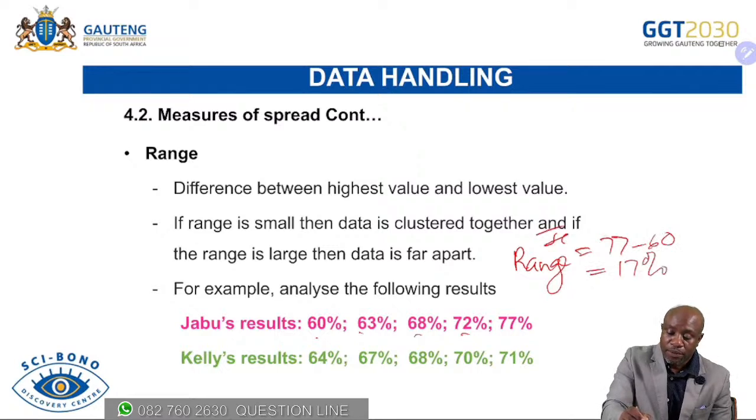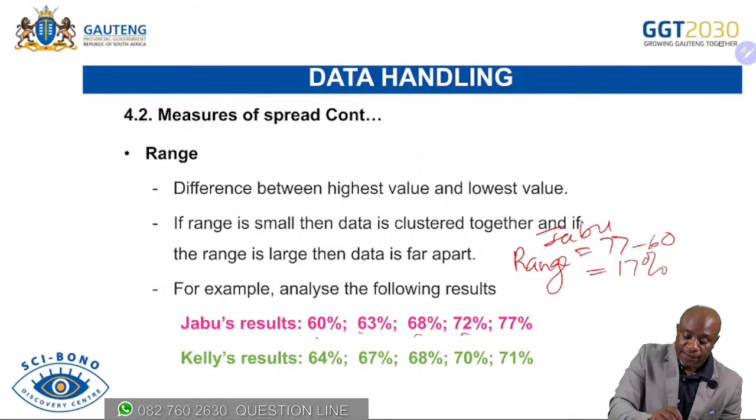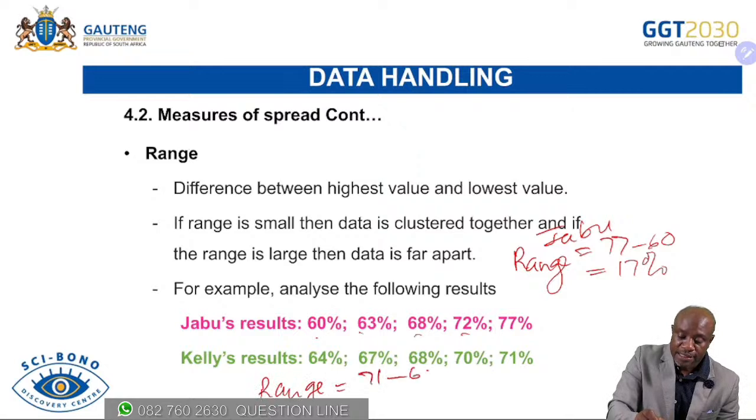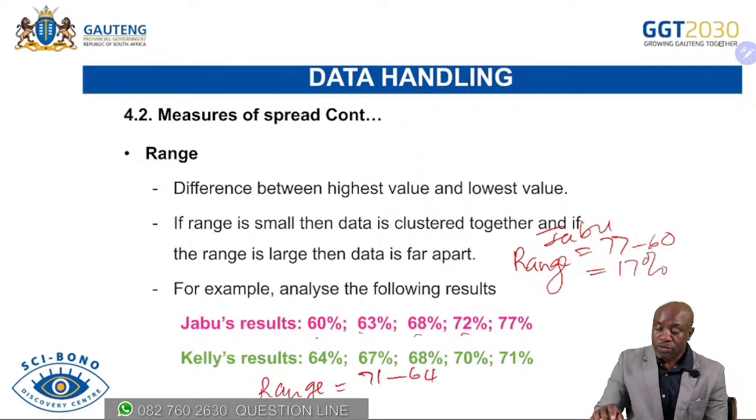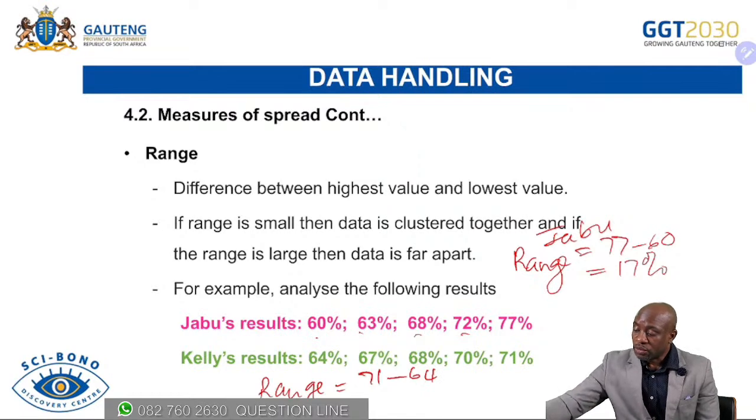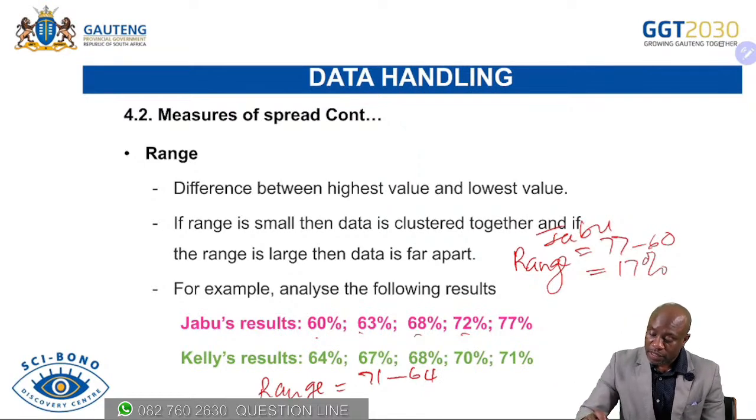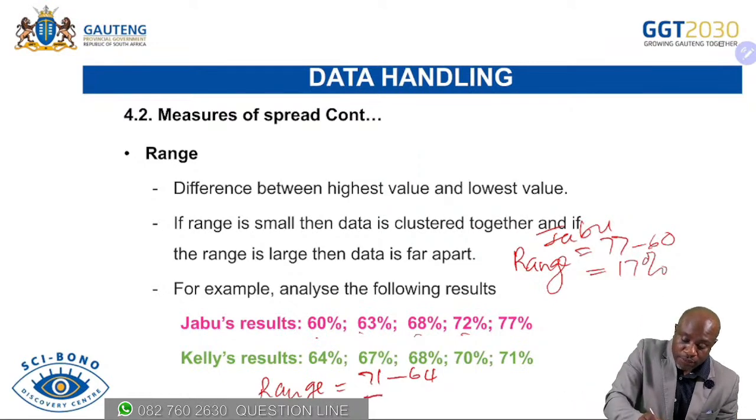That's Jabu. Now, let's look at Kelly. Kelly's range will therefore be 71 minus 64%, which will give you 7%.